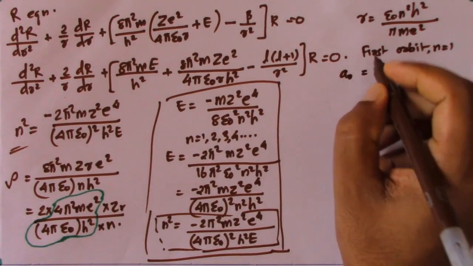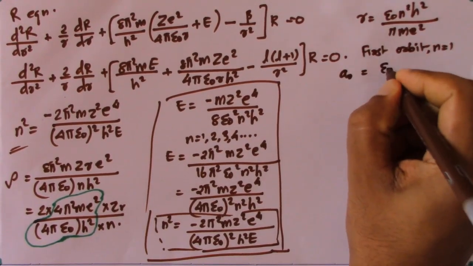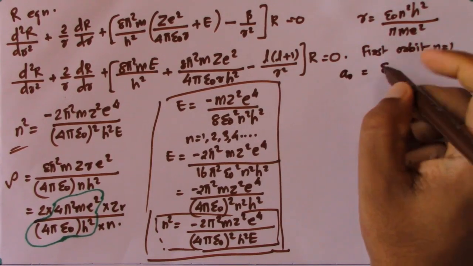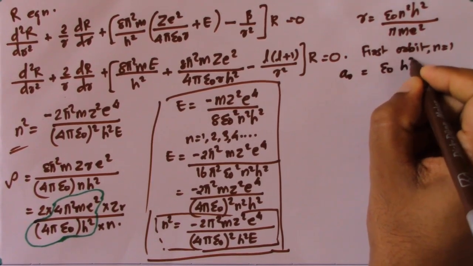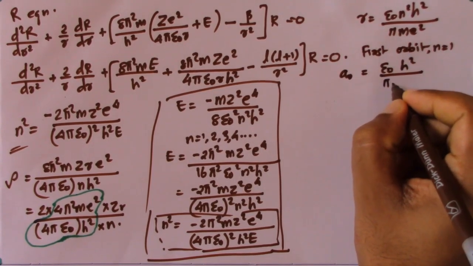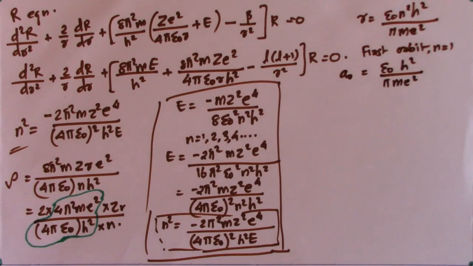So a0 is equal to epsilon 0, n square in that case is 1 square, so epsilon 0 h square divided by pi m e square.